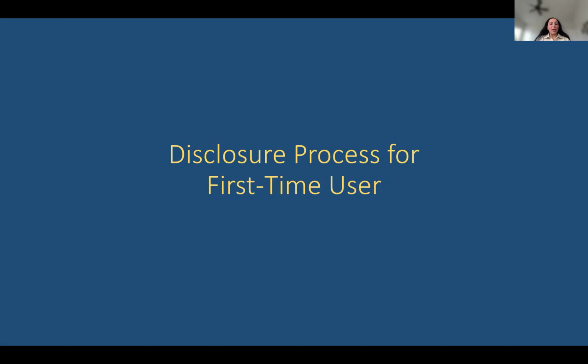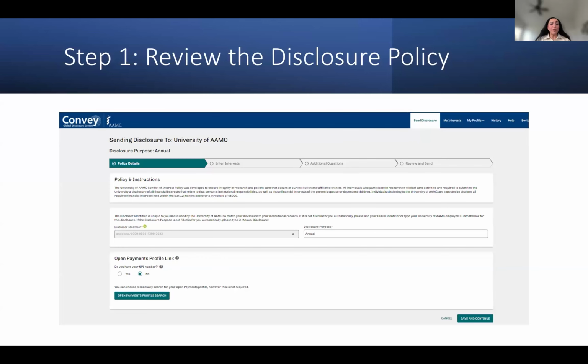So for an individual, they begin when they receive a request from an organization that uses Convey, or they can actually independently use Convey as just a repository for all of their disclosures. The first step, as soon as they have successfully logged into the application, they are brought to the landing page where they are presented with the instructions for the organization that is requesting their disclosure.